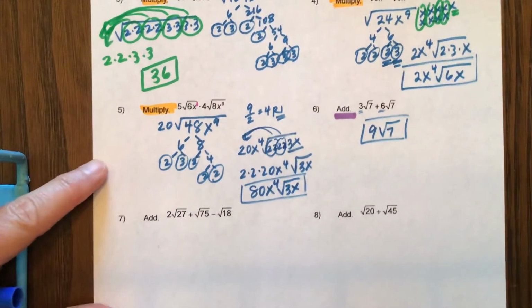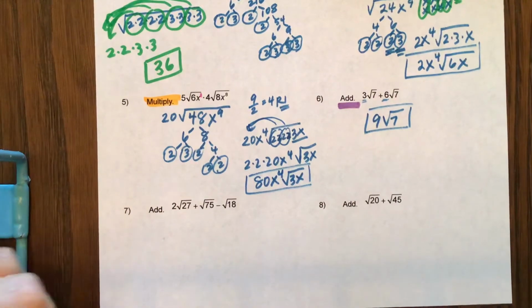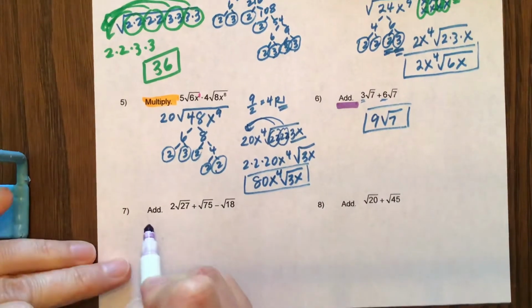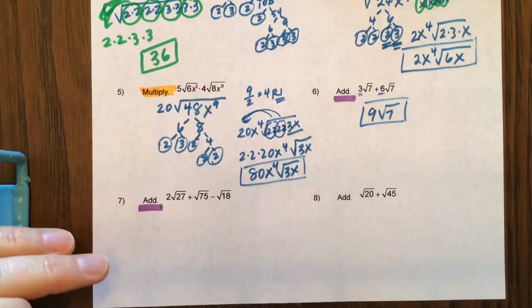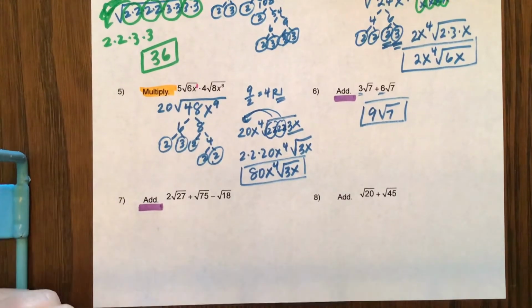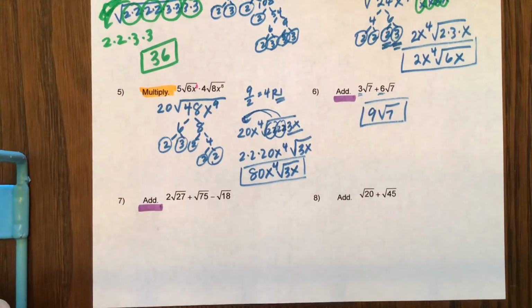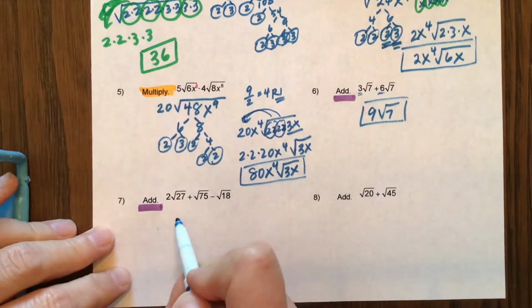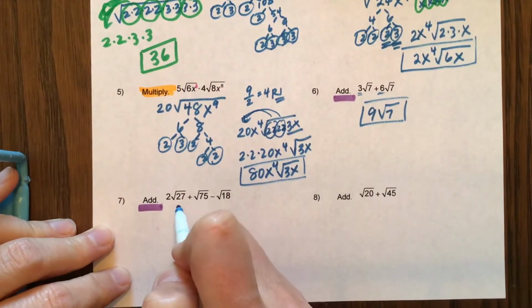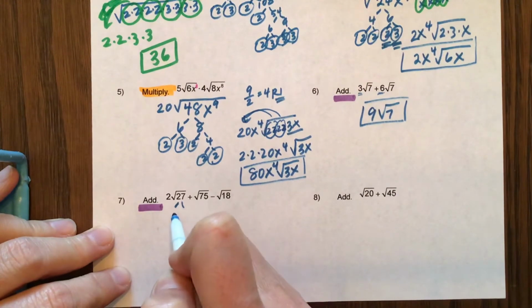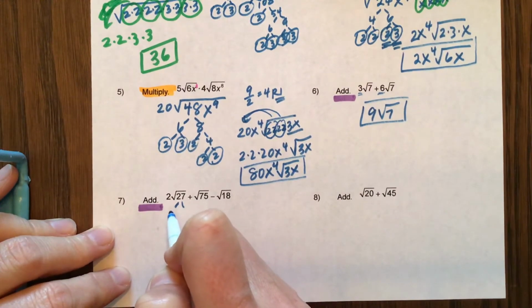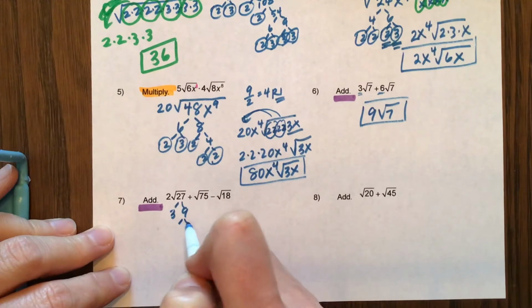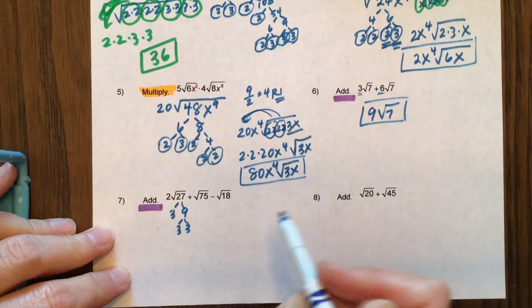Now, when you look at number 7, we're still supposed to add those, but you'll notice that while the indexes match, the radicands do not. So what we need to do is try to simplify first to see if we can get the radicands to match. When I simplify 27, I can break that down into 3 times 9, and then 3 times 3.